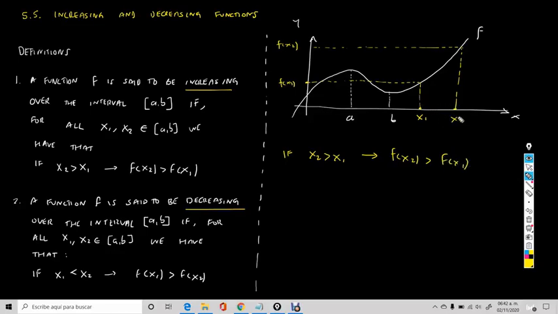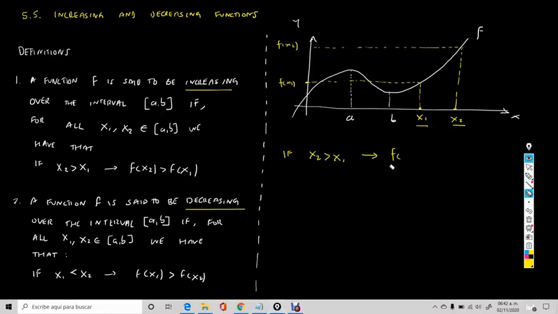That if you take two numbers in this interval, okay, two numbers like so, and if one is greater than the other, like so, then the function evaluated in the greatest number will be also greater than the function evaluated in the lesser number. That's how it works. So as long as your function satisfies this definition, we can say that it's increasing over this interval.